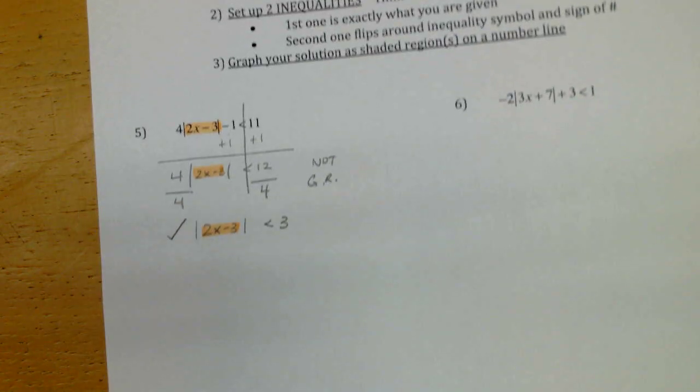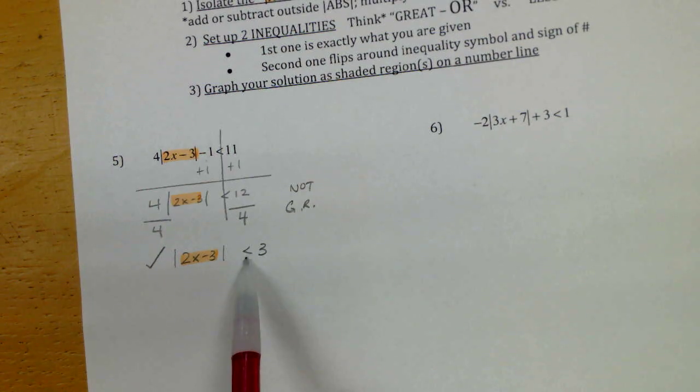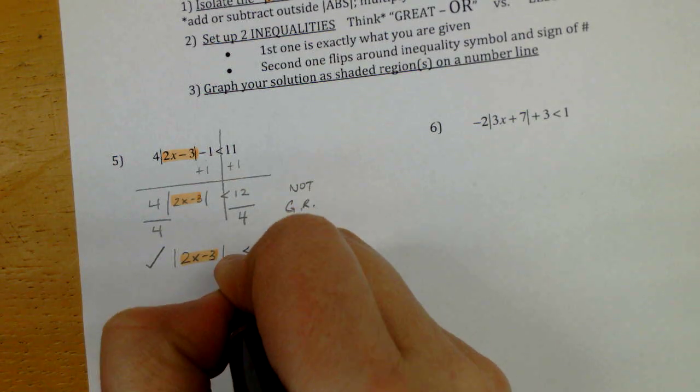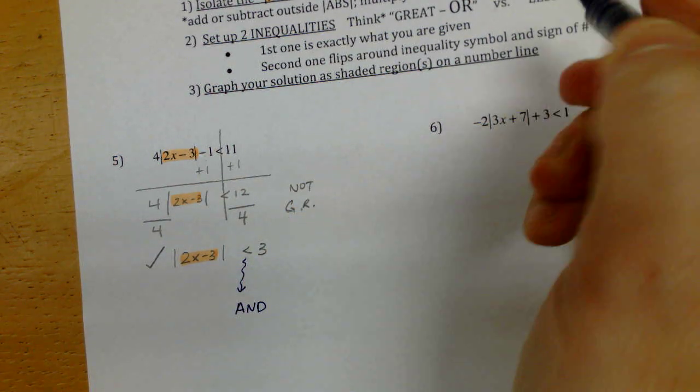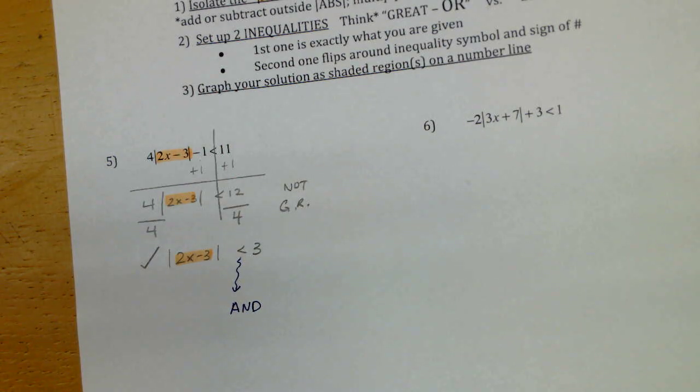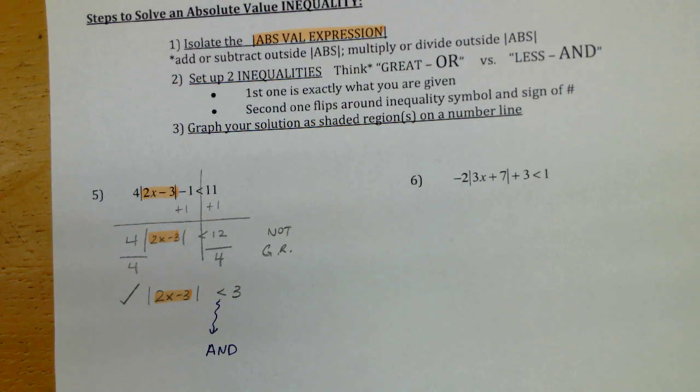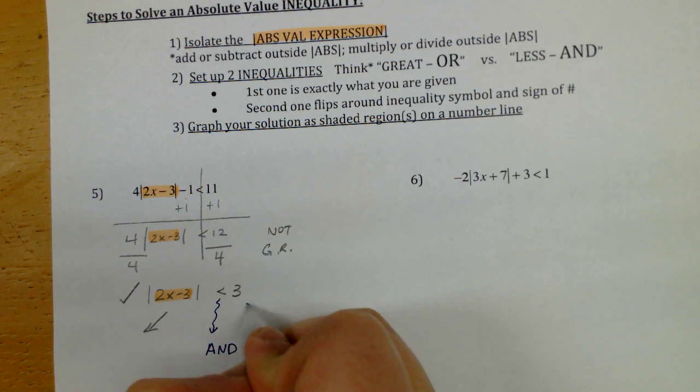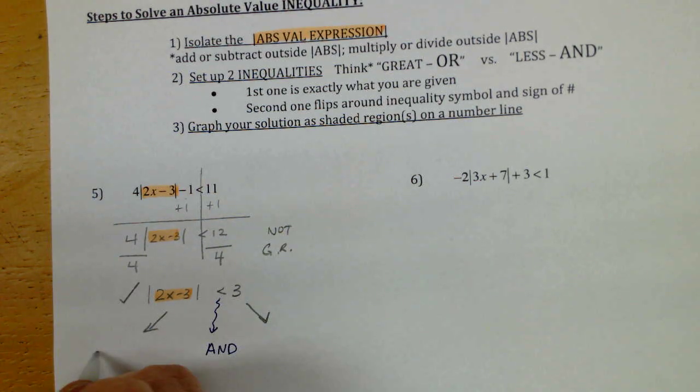And now I'm back to my new section. This is a less than, so that's going to be an and. So this is my and between them. That came from what I learned today. And now I'm going to set up my 2 separate inequalities.